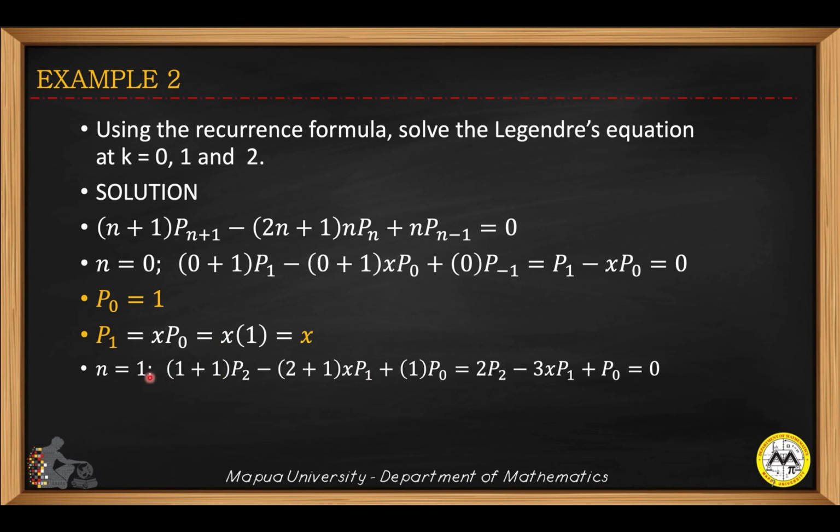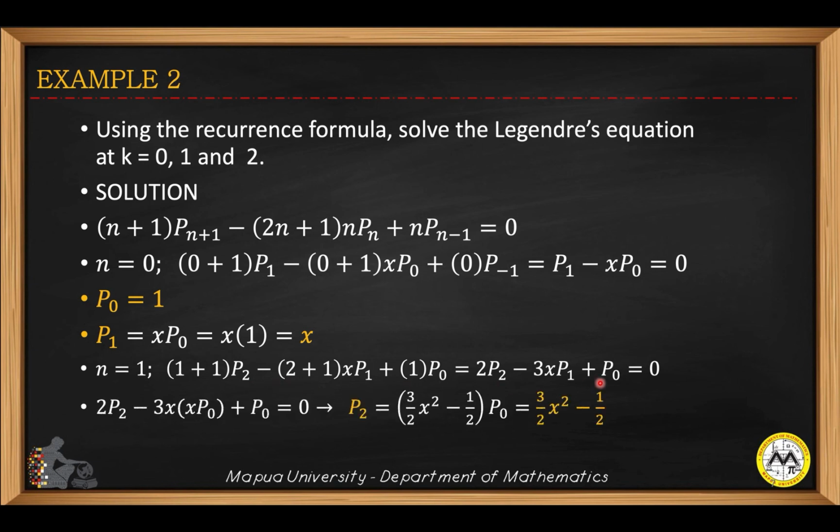For n equal to 1, you have 2 P sub 2 minus 3x P sub 1 plus 1 times P sub 0. Simplify, you get 2 P sub 2 minus 3x P sub 1 plus P sub 0. We solve for P sub 2.